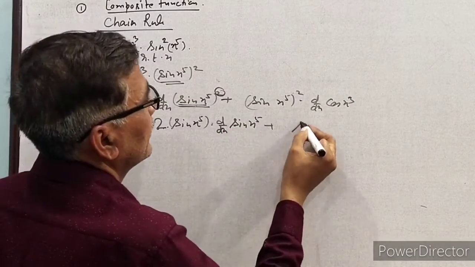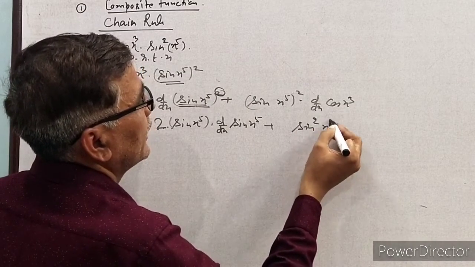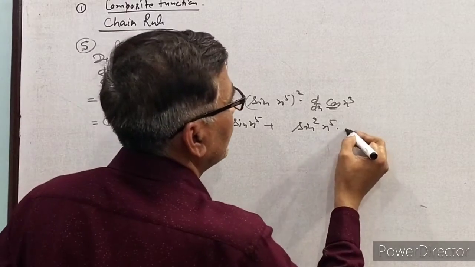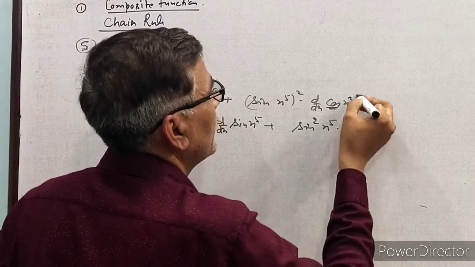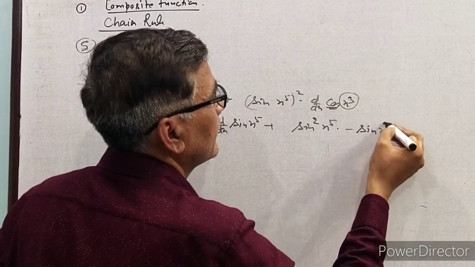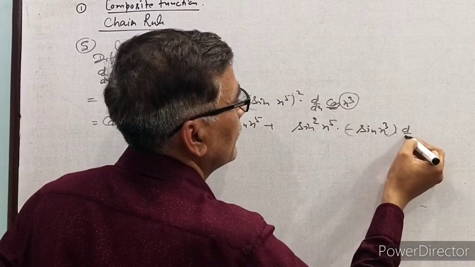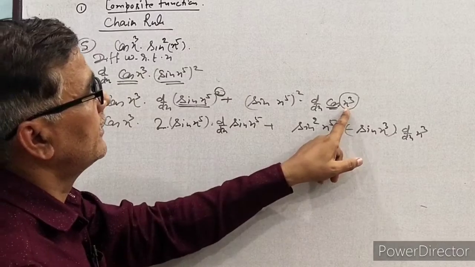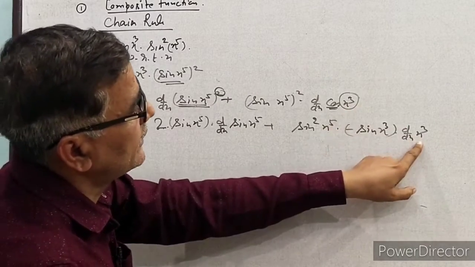Plus sin square x raised to 5, the derivative of cos is minus sin, and we have to consider this as x. Now differentiate this one again. जिस चीज़ को हम x कंसीडर करेंगे उसको हम दोबारा से डिफ्रेंशिएट करेंगे.